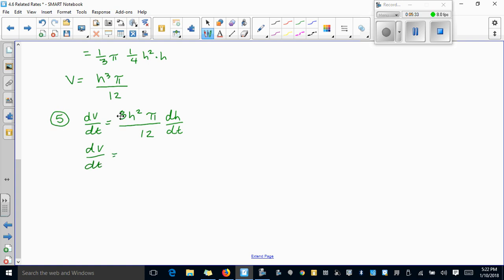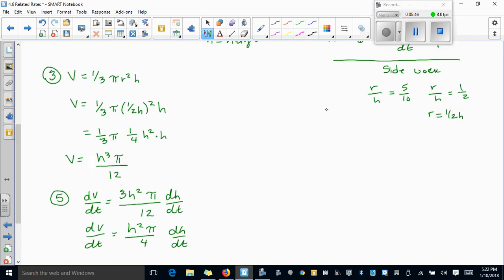So dV dt, I'm going to just bring this up instead of rewriting it. dV dt, I believe, was 9. Yep, 9 cubic feet per minute equals h. H is 6, so 6 squared pi over 4 dH dt.